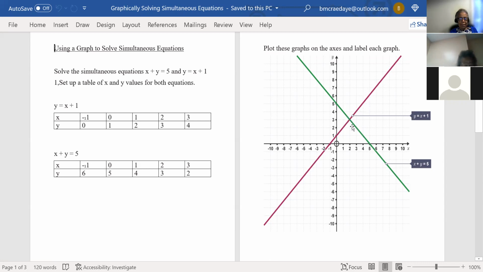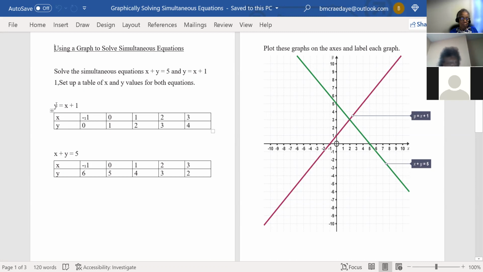Wherever 2 lines intersect for 2 equations, that's the value of X and Y. So the intersection is right here at 2 horizontal on the X and vertical 3 on the Y. You see that, right? So if I gave you an intersection, you just read off the X and read off the Y. Now you can do the same for a table.